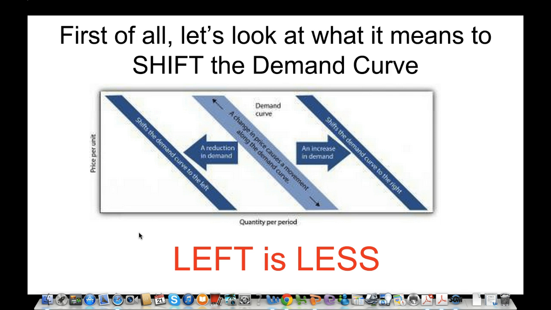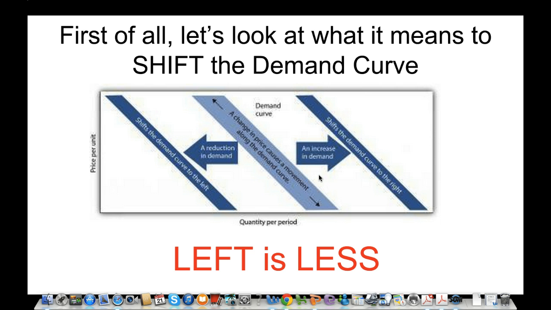I think this chart does a pretty decent job at explaining the shifts in demand curves. If you take the middle line as your starting point, you can interpret it as follows. If it moves to the right, that means there's going to be an increase in demand, and we call that a shift in the demand curve to the right.